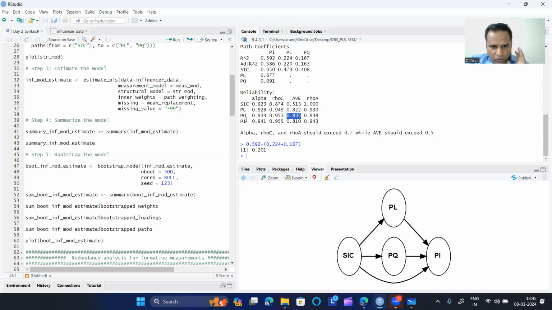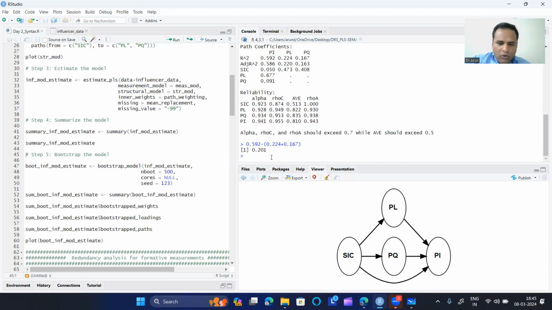So looking at these three values, the convergent validity condition in the measurement model is adequately satisfied. It means my reliability is greater than 0.7 and my AVE is greater than 0.50. So I will say convergent validity is established.